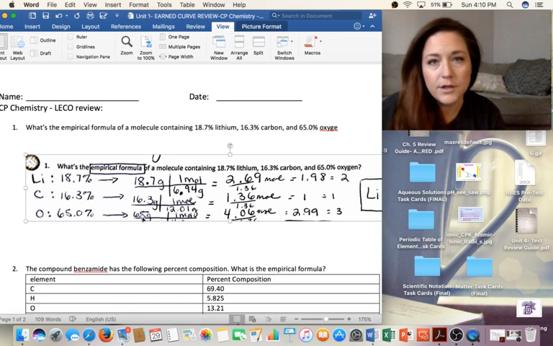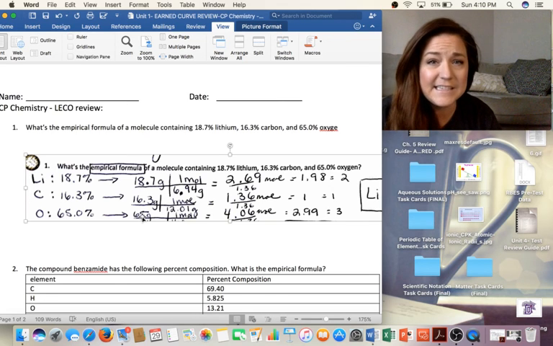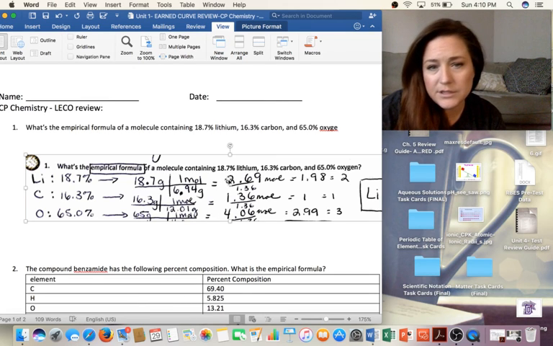For oxygen, look at your periodic table. Find oxygen. You will see that it has 16 grams AMUs. So 16 grams to every 1 mole for your molar mass conversion. These top numbers here are the numbers when you divide.